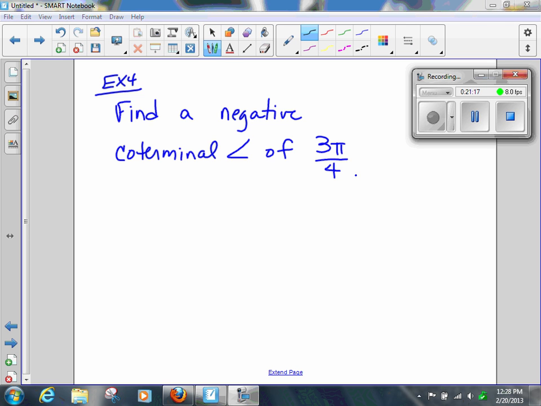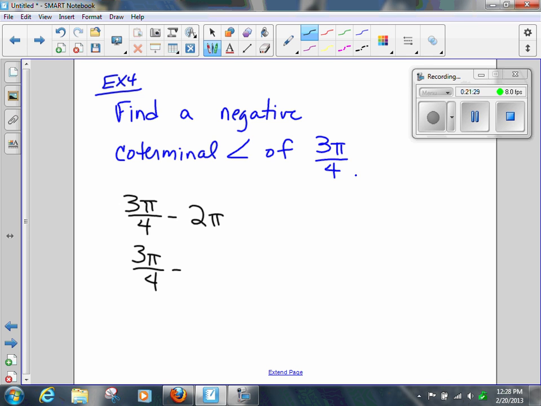What am I going to do to 3 pi over 4? What do I do? Subtract 2 pi, which is 8 pi over 4, which gives us what? Negative 5 pi over 4.